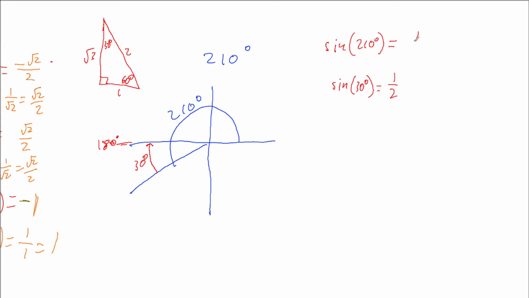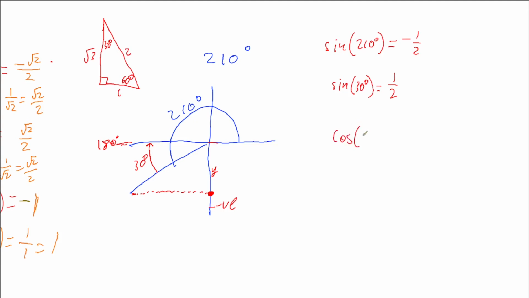I now know my value. I just need to think, is it going to be positive? Is it negative? If I think about taking this point onto the y-axis, because that's what sine gives us, because it gives us the y, I'm below the vertical axis. I'm in the realm of negative numbers of y. So that means I've got negative 1/2.